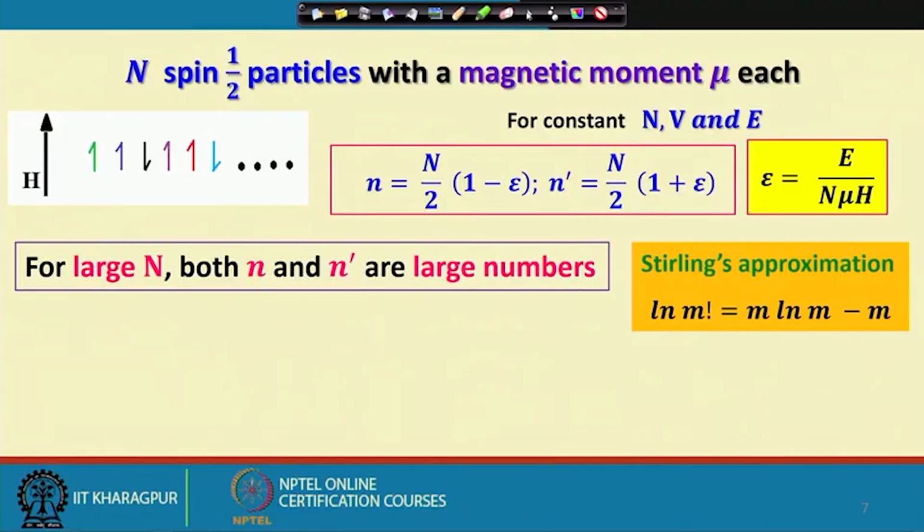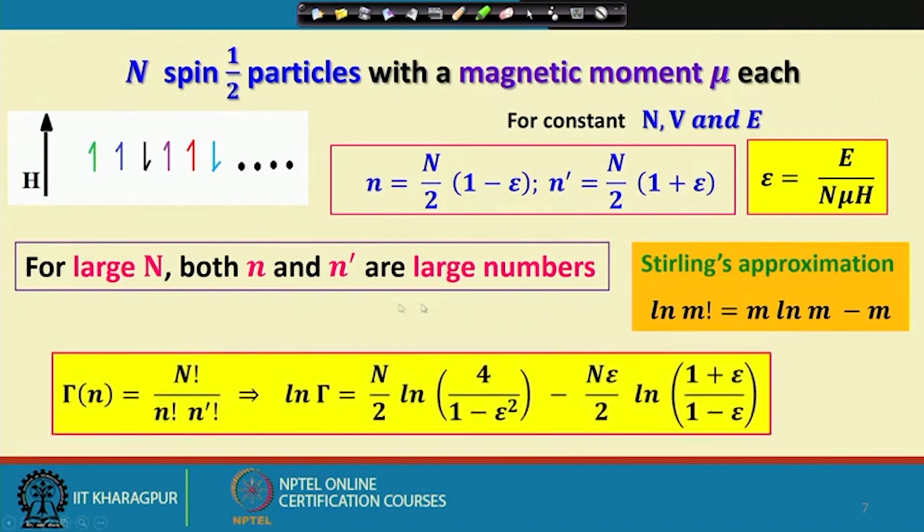So, basically then whenever you are counting the number of microscopic states, it becomes a problem when you are trying to estimate the number of microscopic states in terms of capital N factorial and small n factorial and n prime factorial. Here capital N, small n and n prime, all of them are very large numbers.